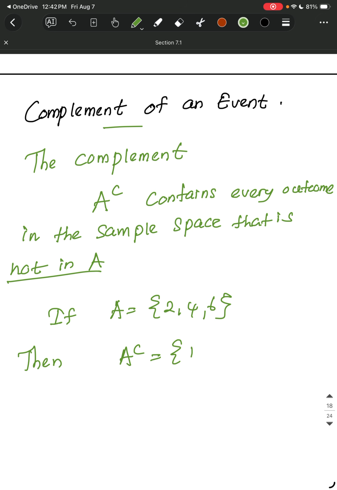This is the event of not rolling an even number, in other words, rolling an odd number.